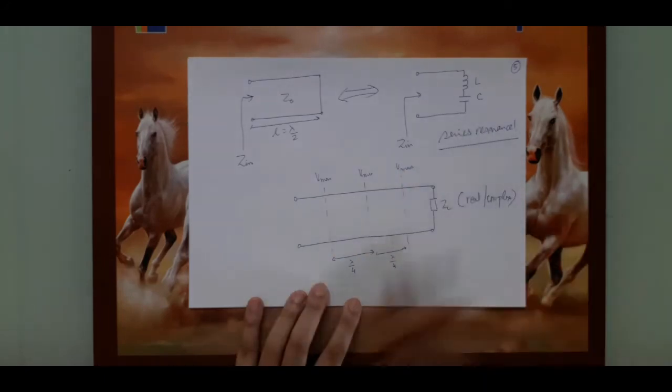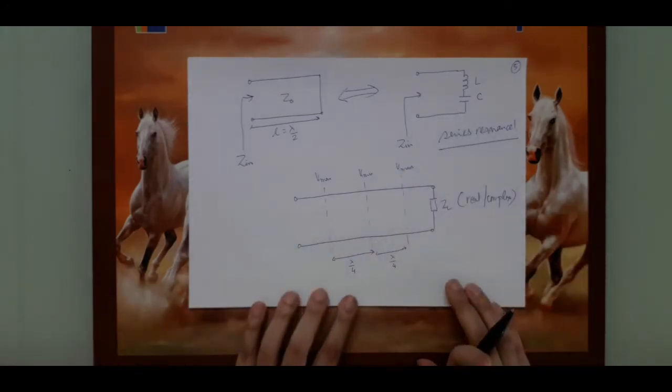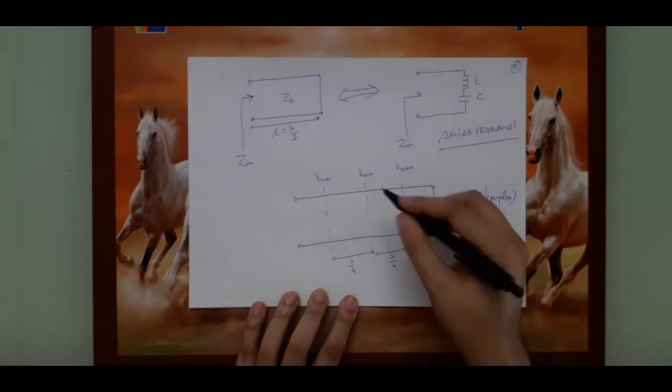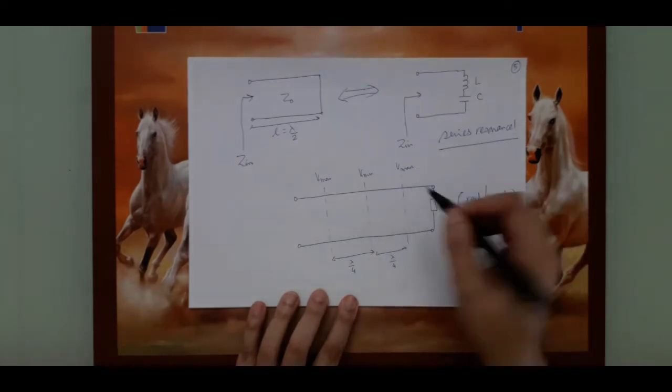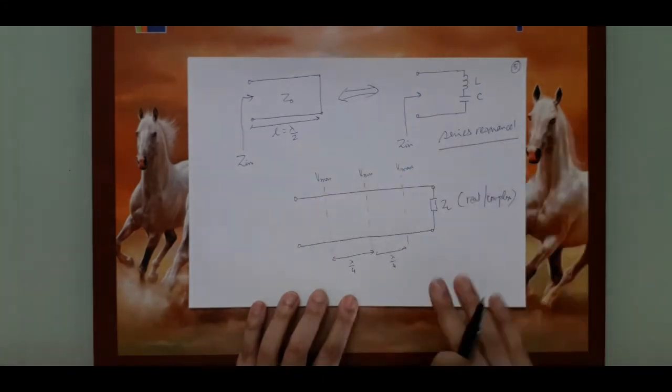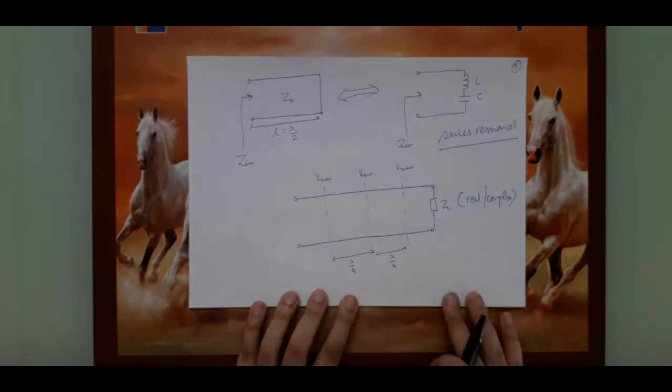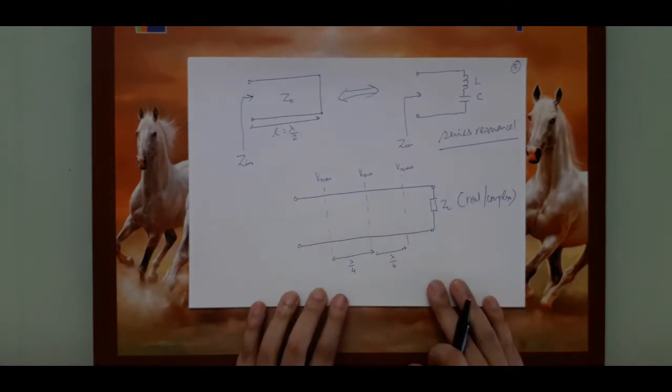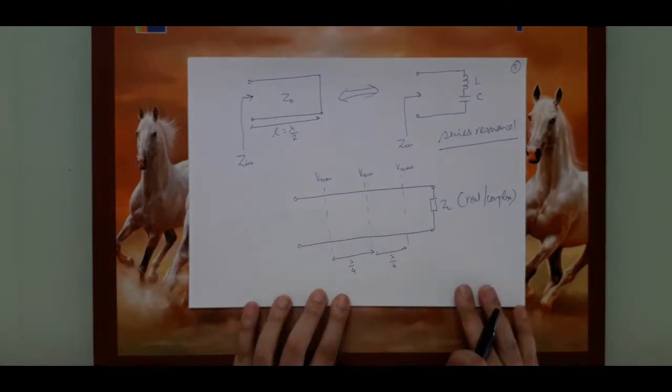And therefore, the wave will go in 2 different directions: one part of the wave will go to the load, one part will go towards the multimeter, and therefore all the values will change, and the reading you take on the multimeter will be incorrect. So this is not the way we do it.